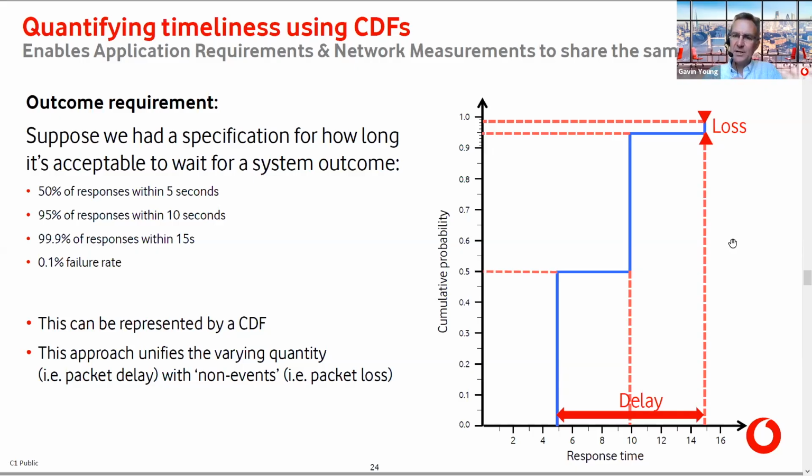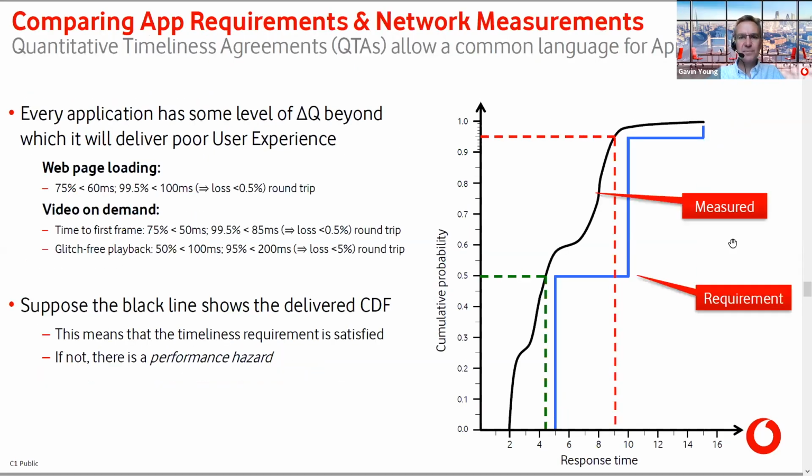And what that does, it unifies the varying quantity, which is a packet delay, and the non-event, the packet loss, and you get a uniform approach that you can specify in application requirements, and you can measure the network and compare the two, and then work out, does the network have the ability to meet the application requirements and deliver the outcome the customer wants.